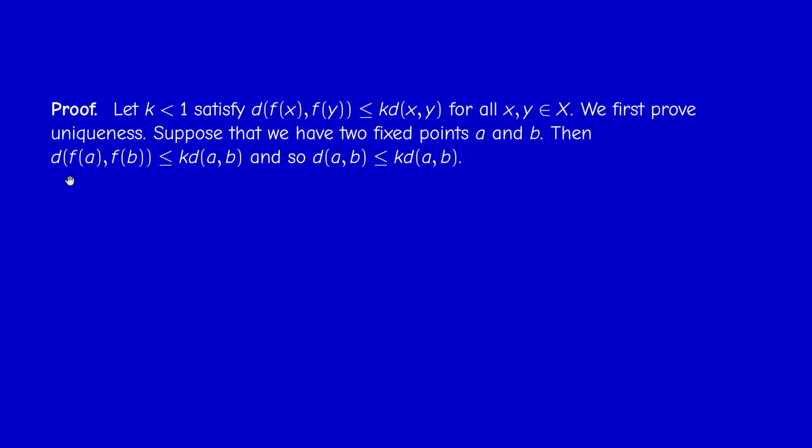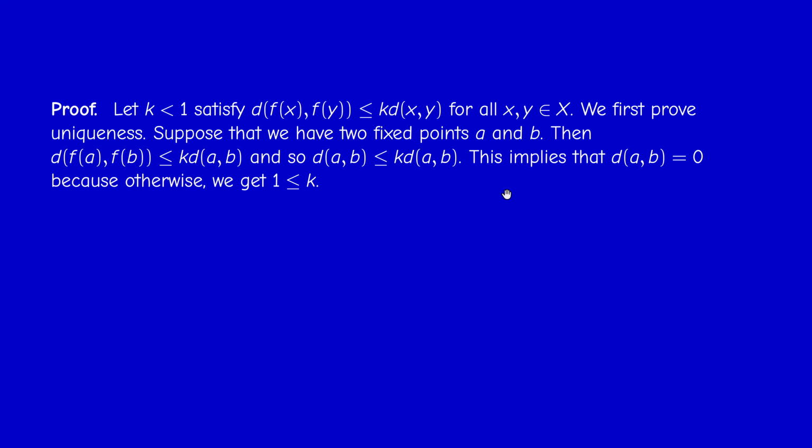But a is a fixed point, so f(a) equals a, and b is another fixed point, so f(b) equals b. Therefore, d(a,b) is less or equal than k d(a,b). If you subtract, you get (1 - k) d(a,b) is less or equal than 0. The fact that k is strictly less than 1 implies that necessarily d(a,b) is 0, because otherwise d(a,b) would be strictly less than itself. So a equals b.